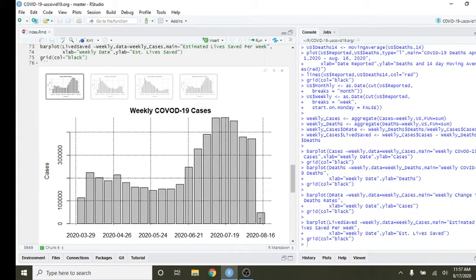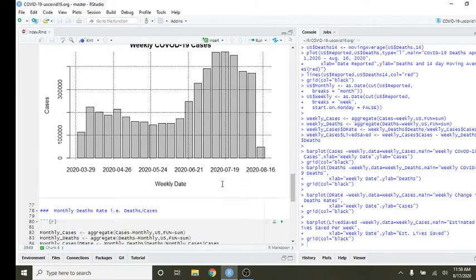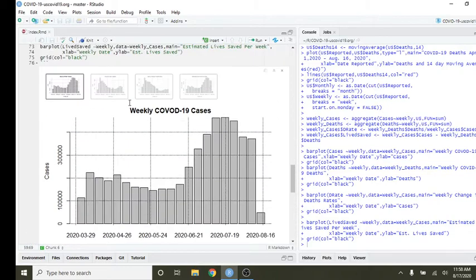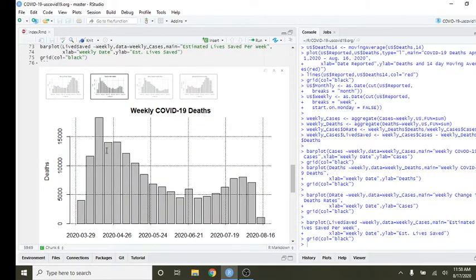This, of course, is the current week of the 16th. Deaths are continuing to hold. 5,000 deaths last week. Maybe 6,000 deaths last week, which is down from the previous week.